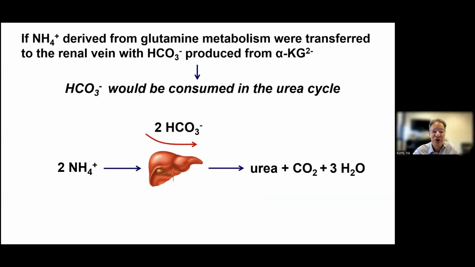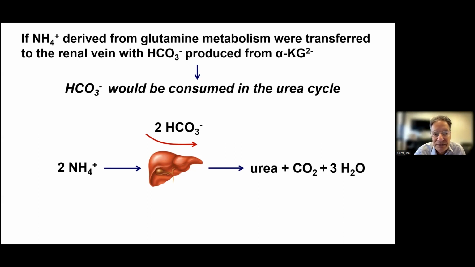Because if you think of what the urea cycle is, or another way of thinking about it, how do we make urea? Well, you remember maybe from medical school this complex system of enzymes, but if you look at just the compounds that come into it and simplify it as far as what's going into it and what's made, urea comes from 2 ammonium ions and 2 bicarbonate ions.